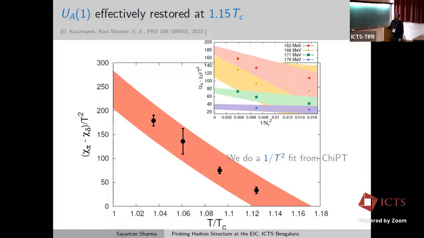And what we observe is that at these temperatures, which are not very far away from the chiral symmetry restoration temperature, we can perform a 1 by T squared fit, which is inspired by chiral perturbation theory, and that gives a temperature of about 1.15 Tc, where UA1 is effectively restored.